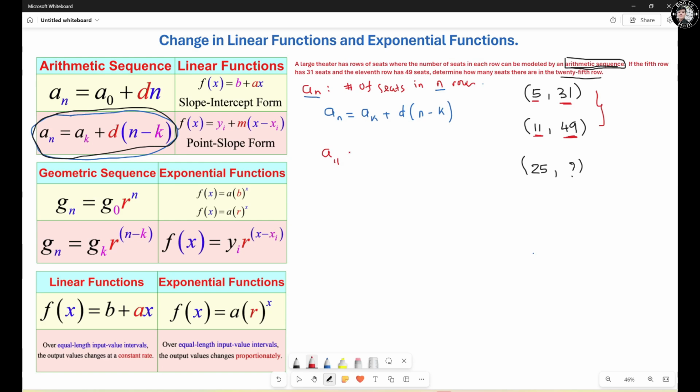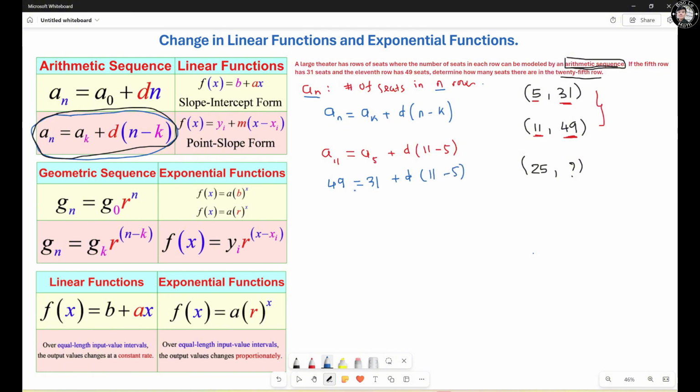So we have a sub 11 equal to a sub 5 plus common difference d times 11 minus 5. Now a sub 11 is going to be 49, so I substitute over here: 49 equals a sub 5, which is 31, plus common difference d times 11 minus 5.